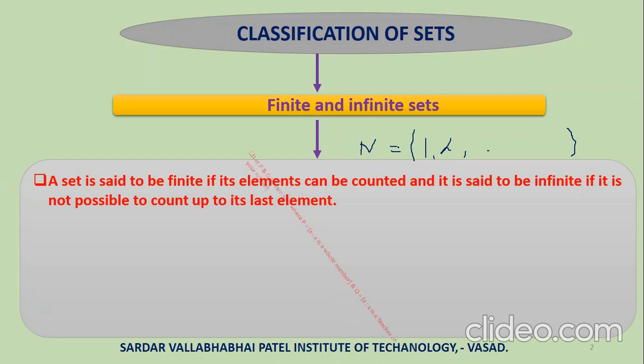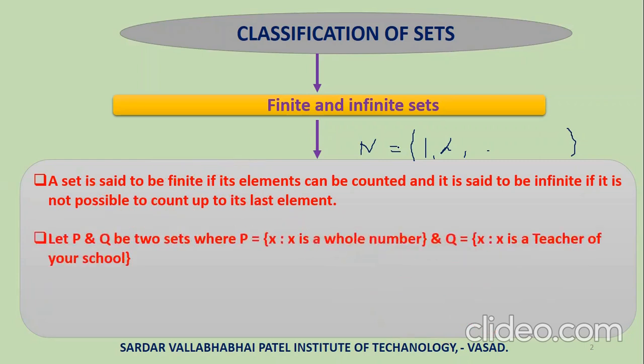As for example, let P and Q be two sets. P is the set of x where x is a whole number, and Q is the set of x where x is a teacher of your school. For whole numbers, we start from 0, then 1, and so on. We don't know the last value because it goes up to infinity.